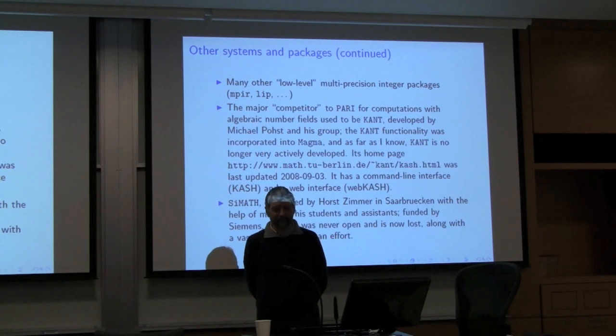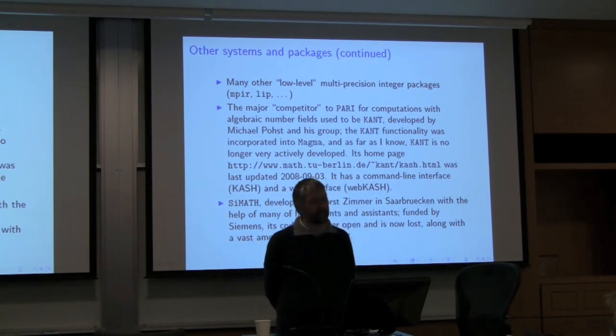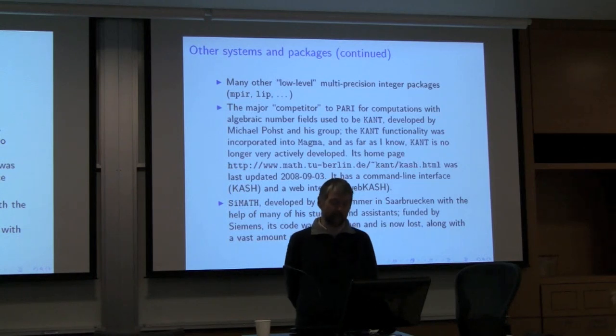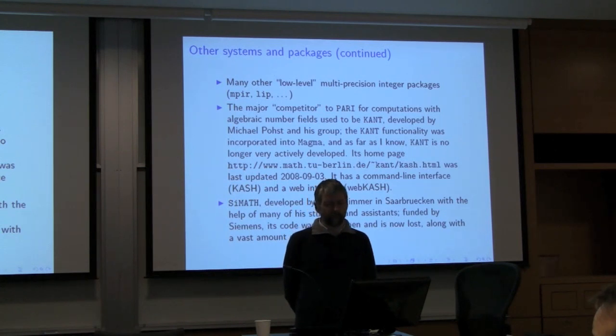Anyway, he had a lot of students and assistants who worked really hard developing algorithms, implementing them, putting them into this package, and it's now completely unavailable. He retired. They passed it off to these Japanese people in NZMath, but there's no overlap of code.